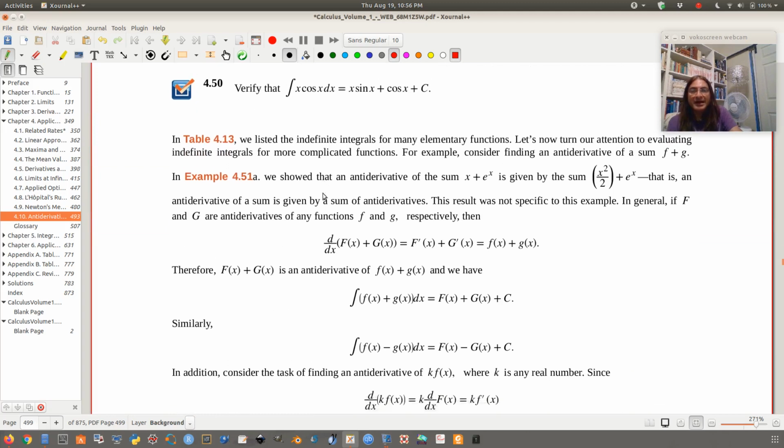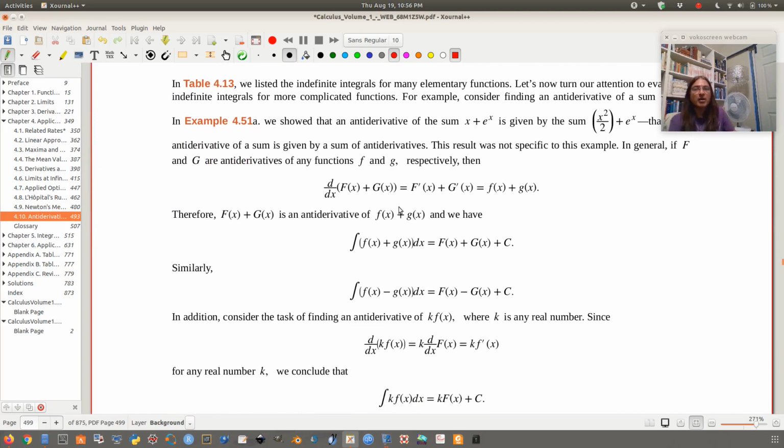Okay, and just like differentiation was a linear operator, the integral, or the antiderivative, or indefinite integral, is also linear. So it's basically the integral of f(x) plus g(x) is the integral of the first plus the integral of the second. So you can do each one separately.